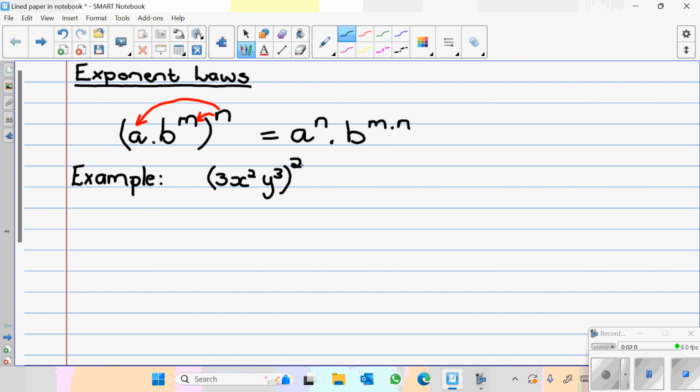Now, firstly, if I expand inside the bracket, I get 3x times x times y times y times y. But because of the bracket that is squared, I need another bracket that looks exactly the same.